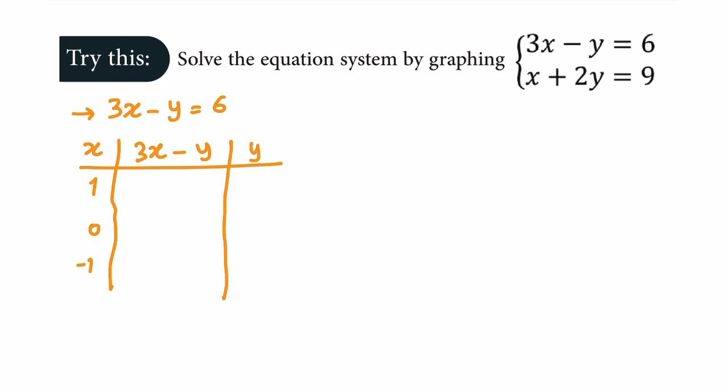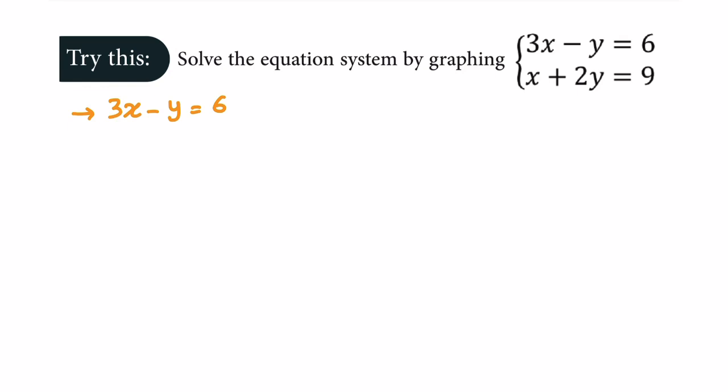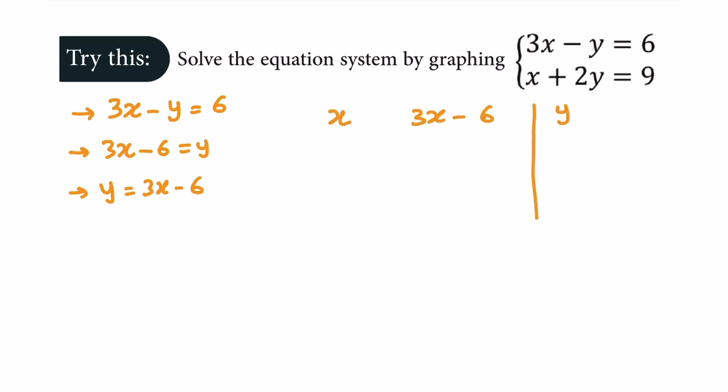Actually, there's a small mistake here. What we'll have is 3x minus 6 equals y. And we can write it as y equals 3x minus 6, okay? Now you bring the x, and with 3x minus 6 you want to find y, just like that, as a table here. So we get 1, 0, negative 1.